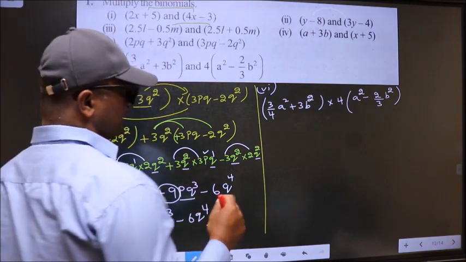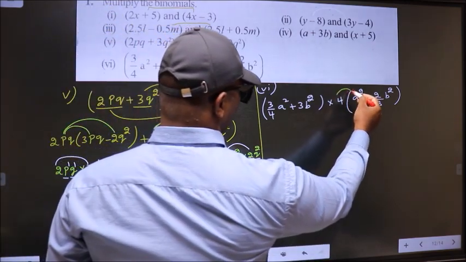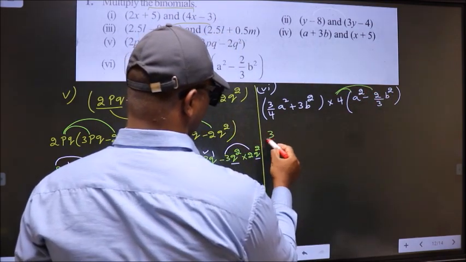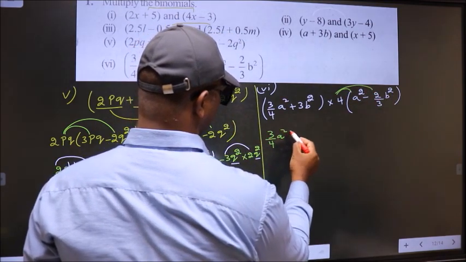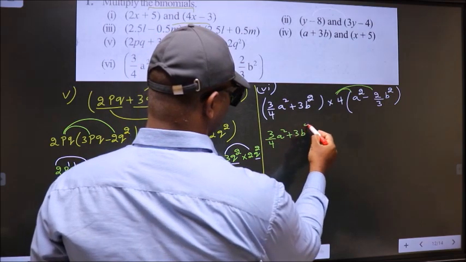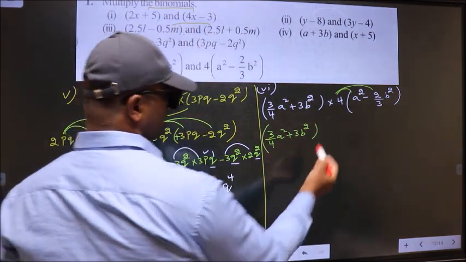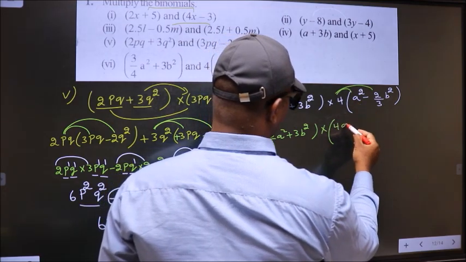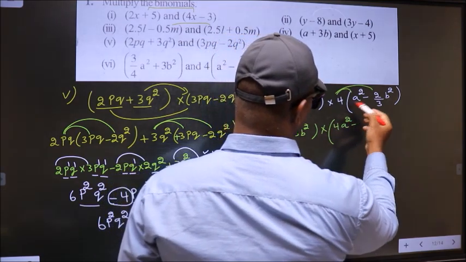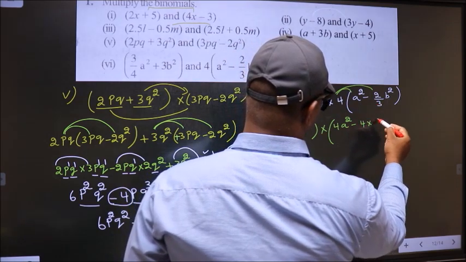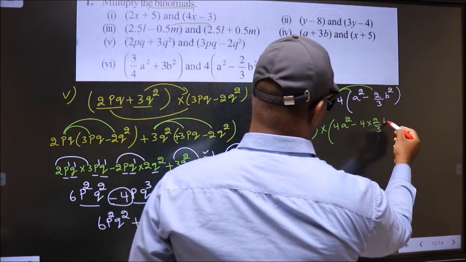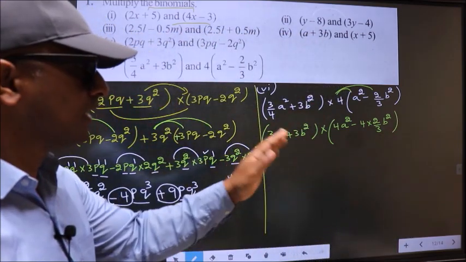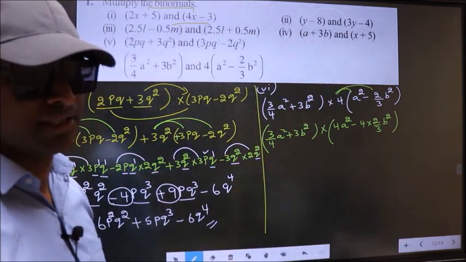First, let us multiply with 4 in this bracket. So we get, carefully we should do this, no change, and here 4A square we get minus 4 into 2 by 3 B square. Clear? I just took 4 inside, that's it.